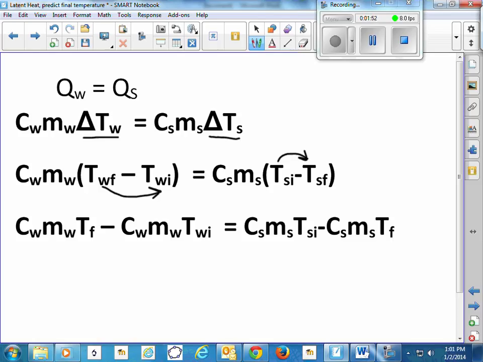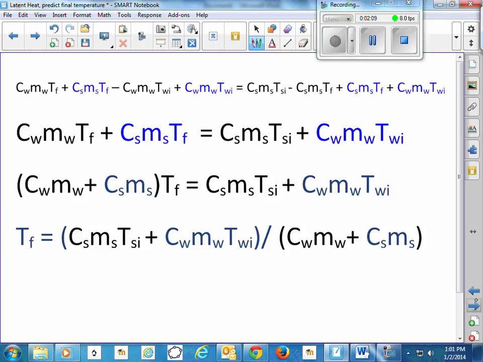So I'm going to go ahead and multiply what's outside the parentheses, to get rid of the parentheses. So I have two terms on each side of the equal sign. Now I'm going to add what's in blue to each side of the equation.